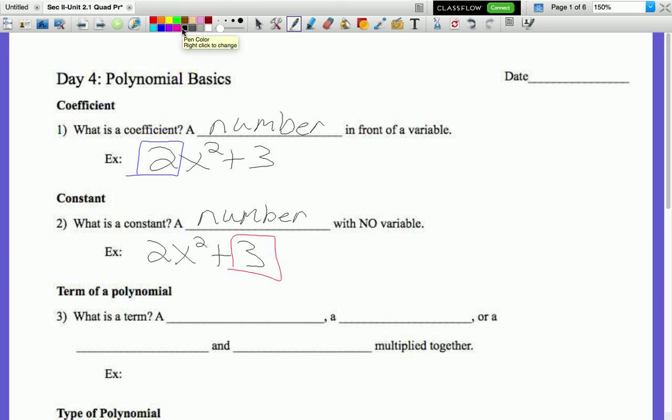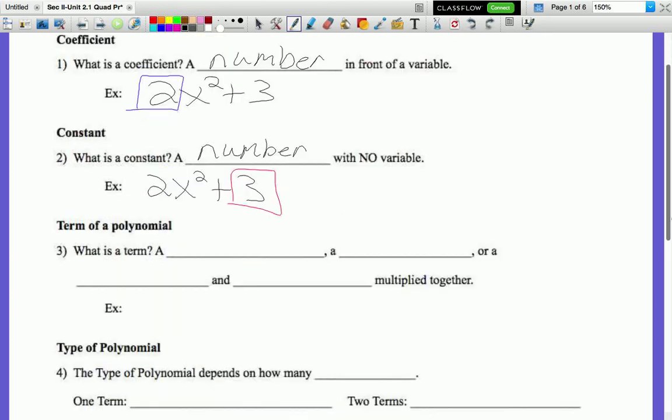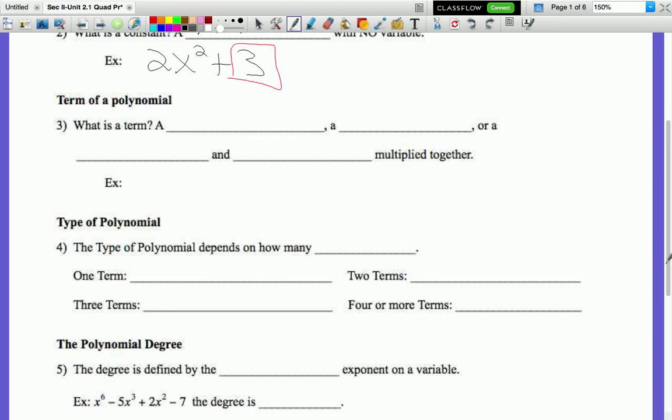Moving on with polynomial basics, the next thing we need to talk about is a term. What is a term? A term is a number, a variable, or a number and a variable multiplied together.